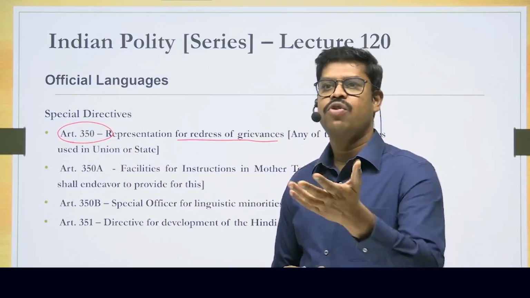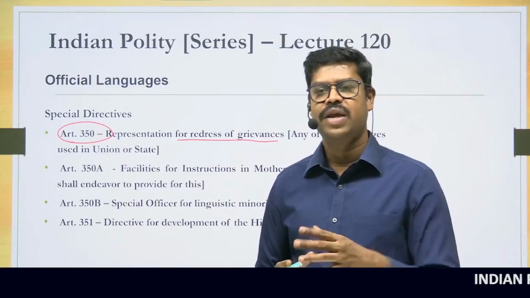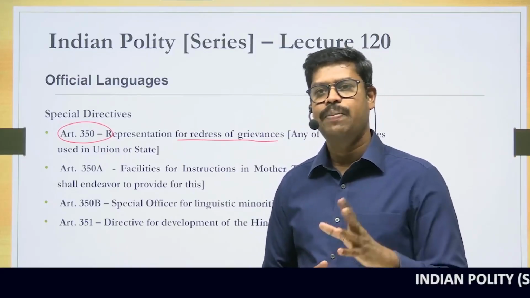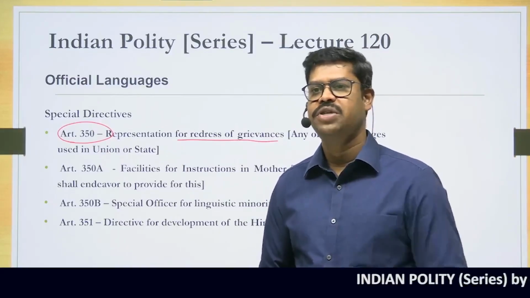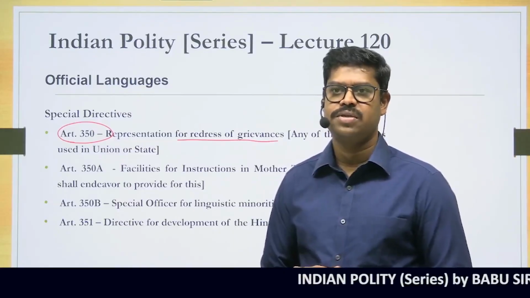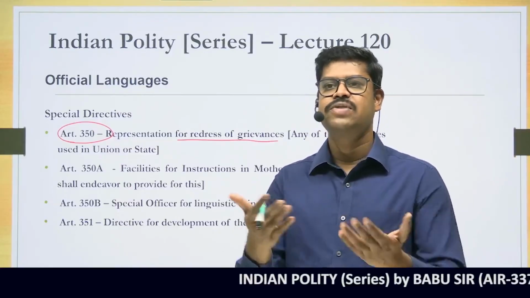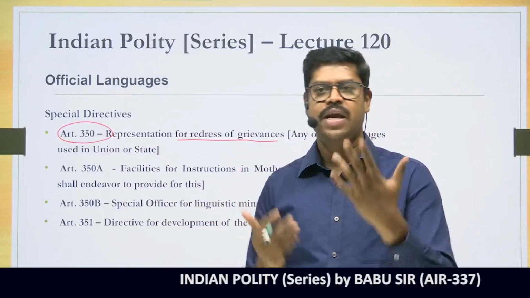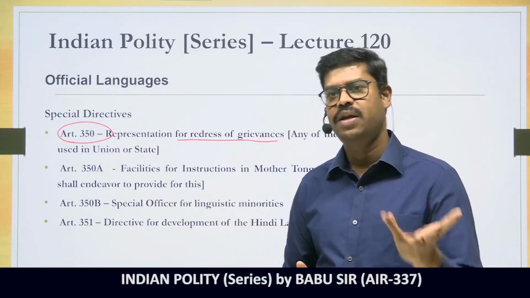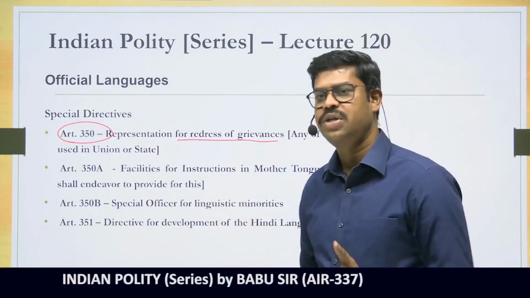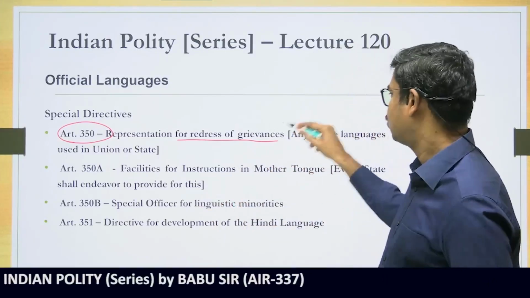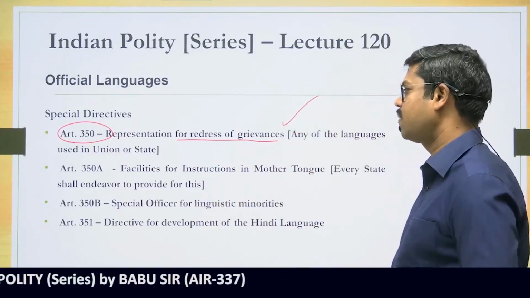So whenever we go for the grievance to be redressed, we can make a petition to them, and that petition can be made in any of the official languages of the union or the states. So basically for grievance, when you make a petition, that can be made in any of the official languages, be it the official language of the union or the official language of any of the states. So that's what Article 350 of the Constitution is saying.